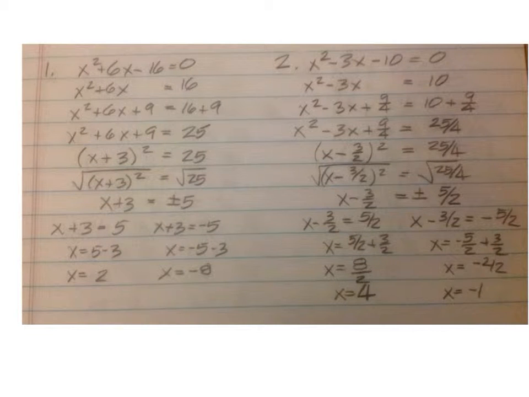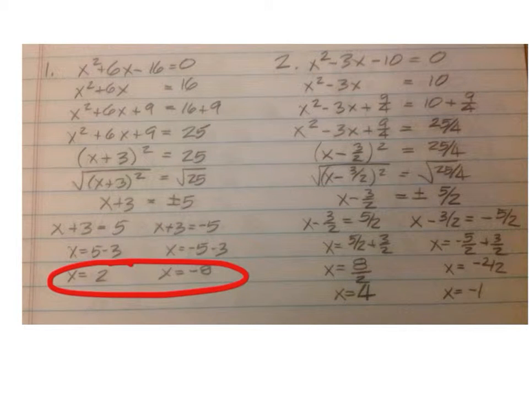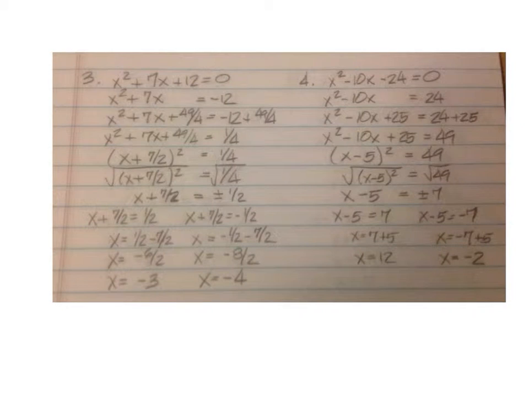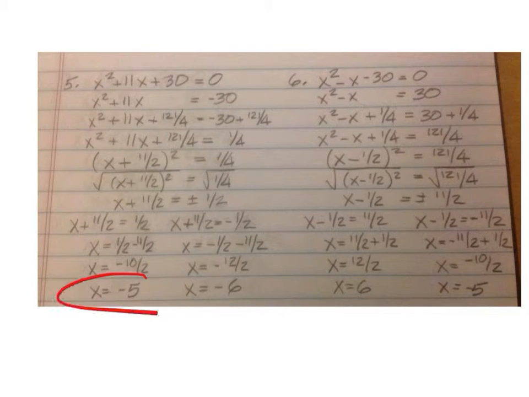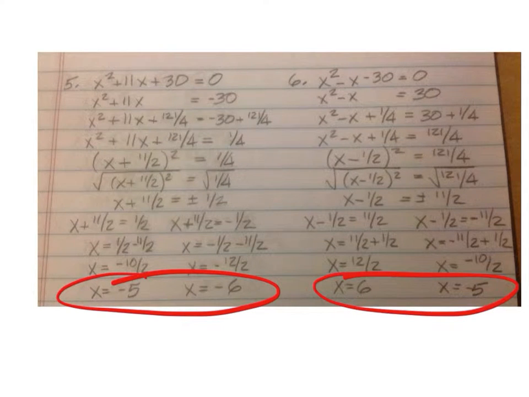For number 1, you have answers of 2 or -8, and number 2, you have answers of 4 or -1. Number 3, -3 or -4, and 4 is 12 or -2. Number 5 is -5 or -6, and 6 is 6 or -5.